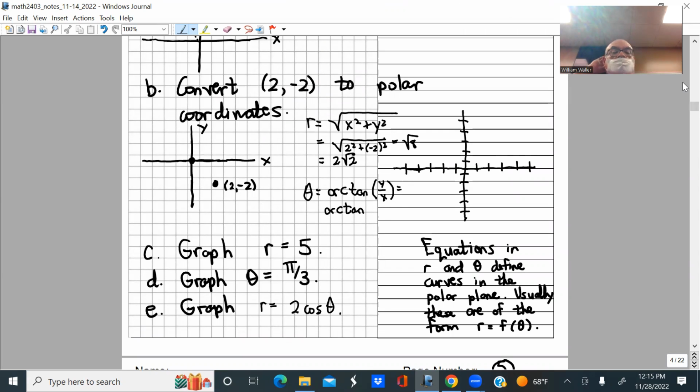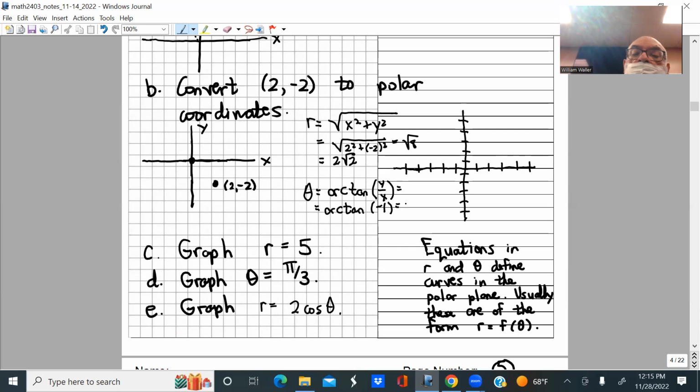See, this is what's tricky about converting back to polar coordinates: you have to remember the ranges of the inverse trig functions. And the range of the arctangent function is minus pi over 2 to pi over 2. So if you want the arctangent of a negative number, like -1, which is what this is, you're going to get a negative angle.